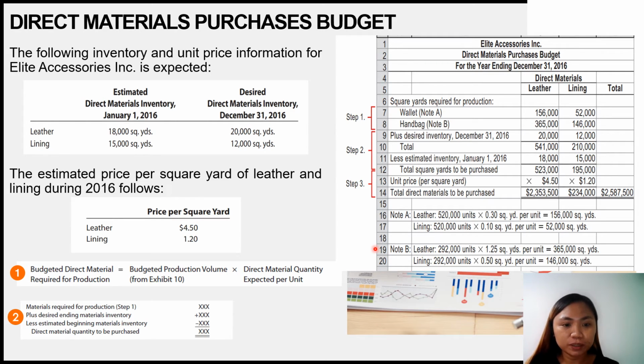And the second would be to adjust the materials required for production for the desired ending inventory and less estimated beginning inventory. So plus 20,000 square yards for the leather and plus 12,000 for the lining.